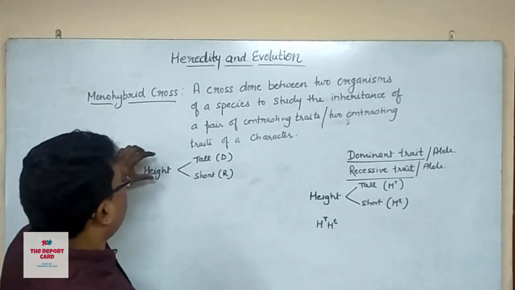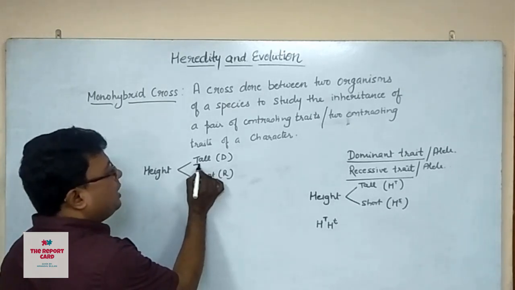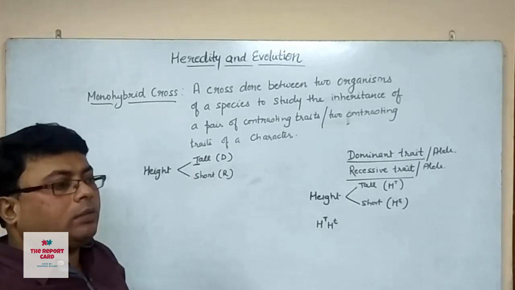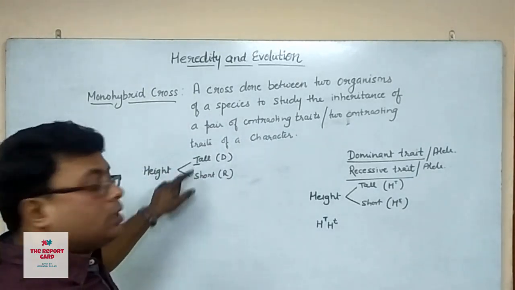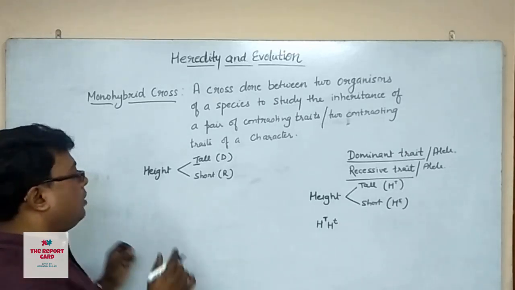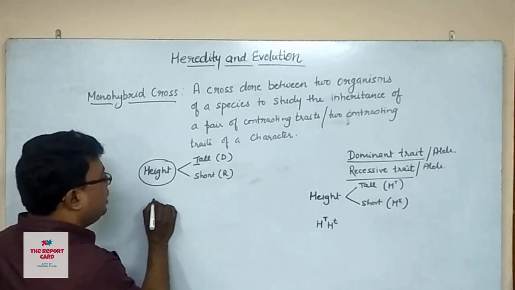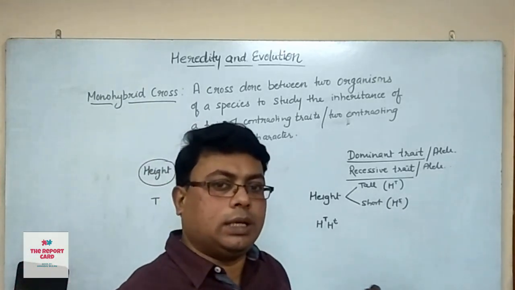Now to depict height, I am going to take the first letter of the dominant trait, and what is it? T. So the alphabet that I am going to use to depict this particular character will be T. Is it clear? It will be T.